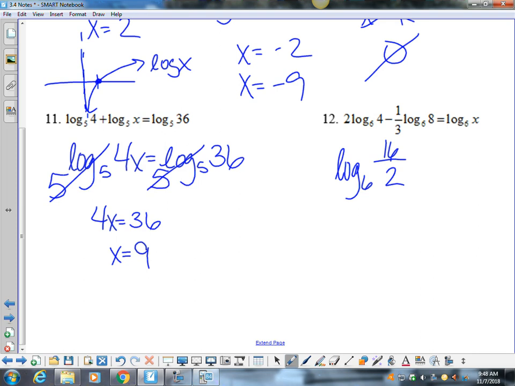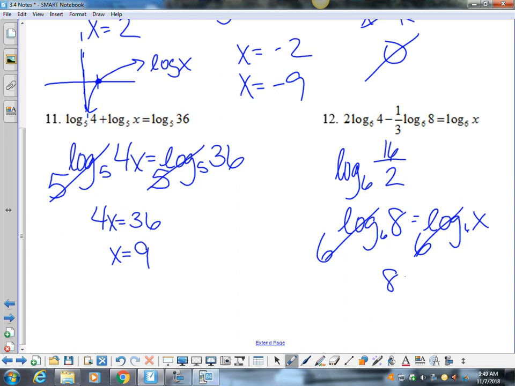Cube root of 8. 16 over 2 is 8. Now I can 6 it. Don't log a log. The beautiful thing: does that make me log a negative number? No, so I can keep it.